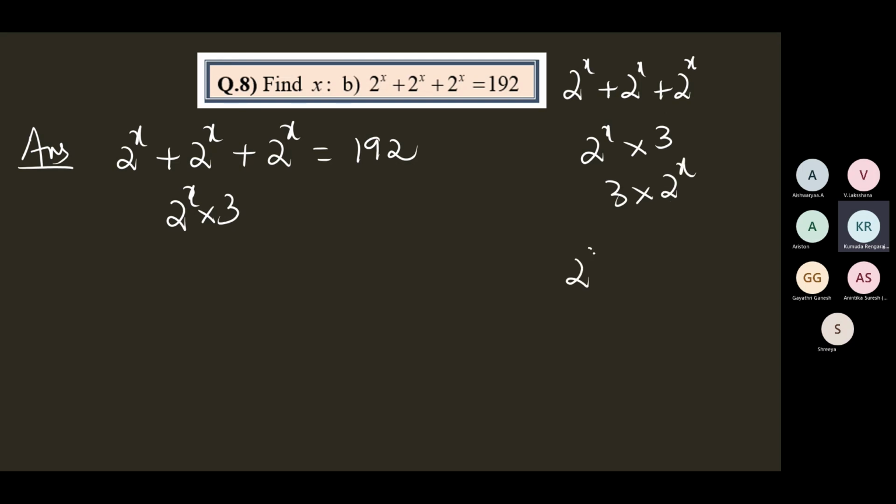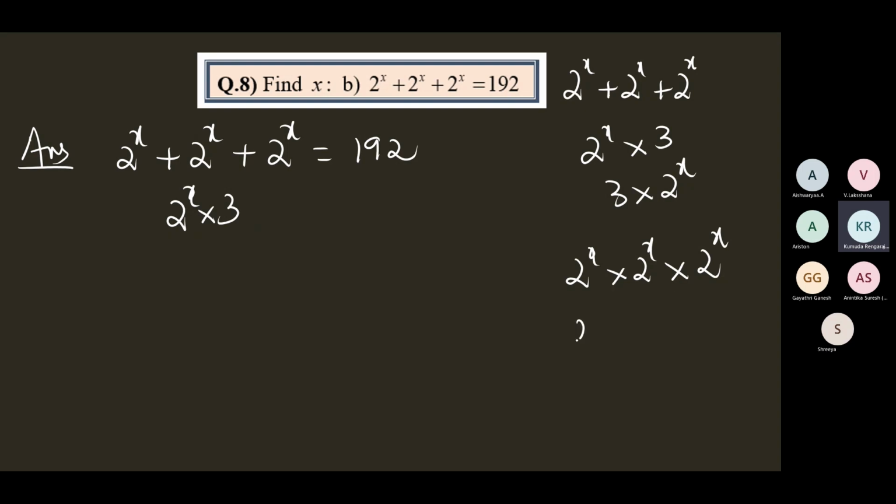But if you had 2 power x into 2 power x into 2 power x, here we use the law of exponents and add the powers. But here 3 doesn't have a power. It's just getting multiplied. So this one is multiplication.